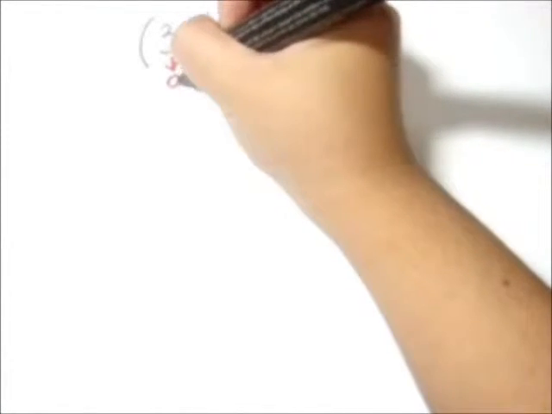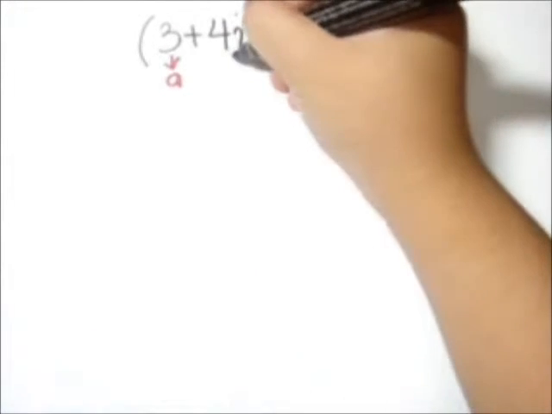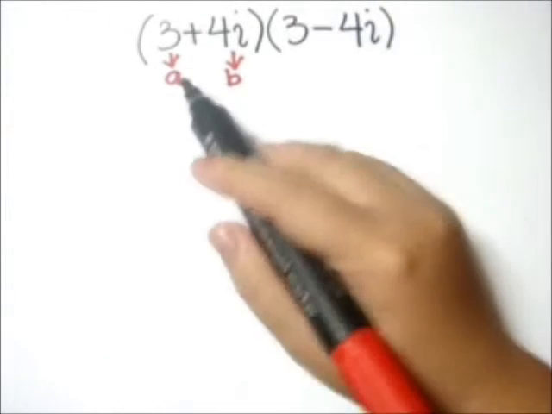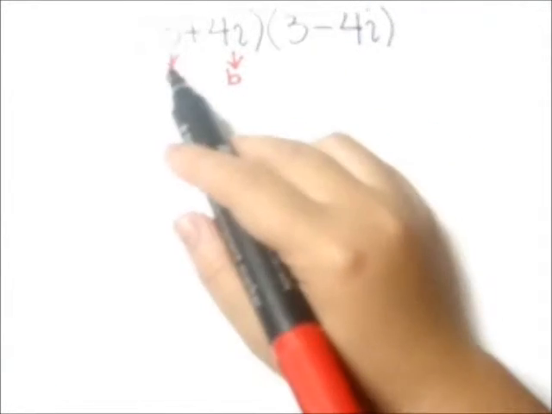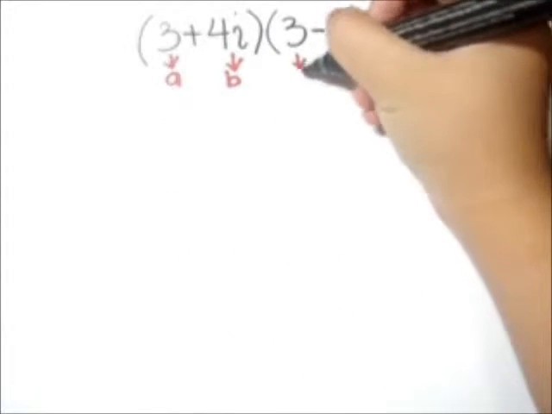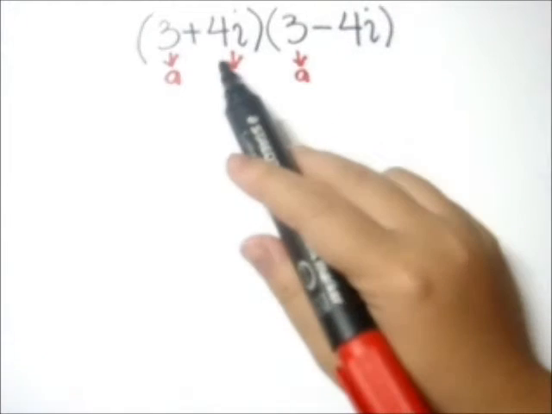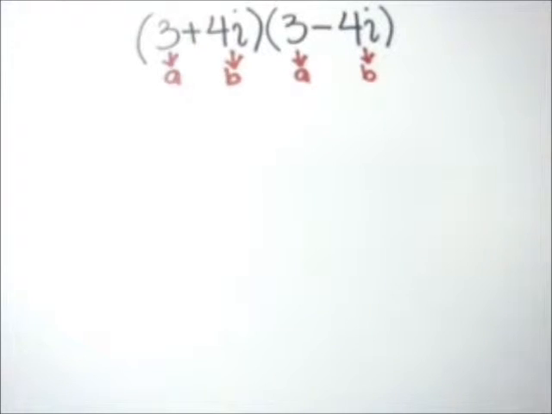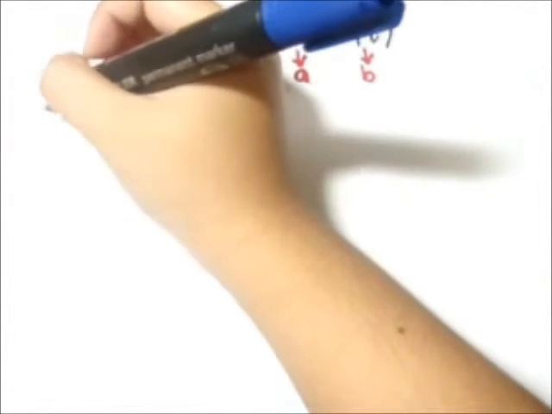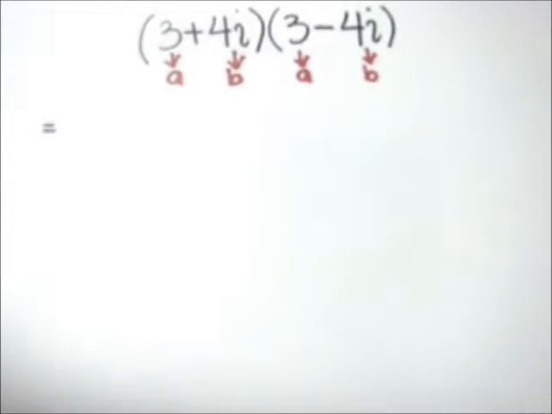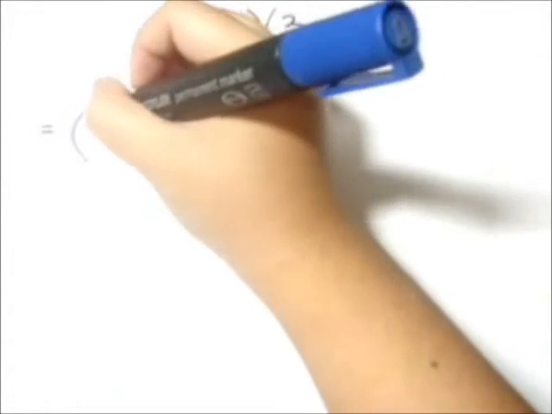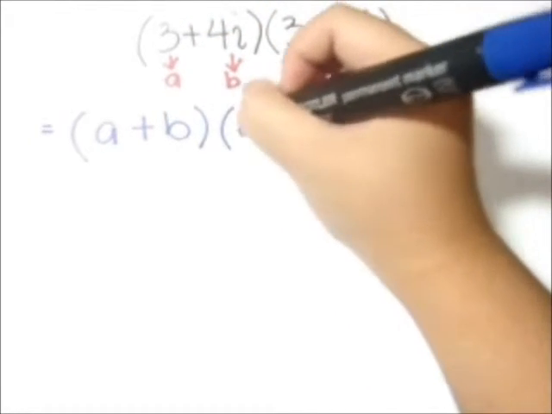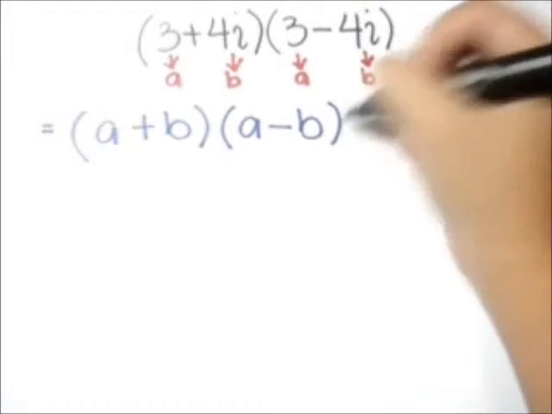We can rename 3 as A and 4i as B. Now if 3 is A, then this is also A. And if 4i is B, then this is also B. Therefore, we can write this as (A + B)(A - B).